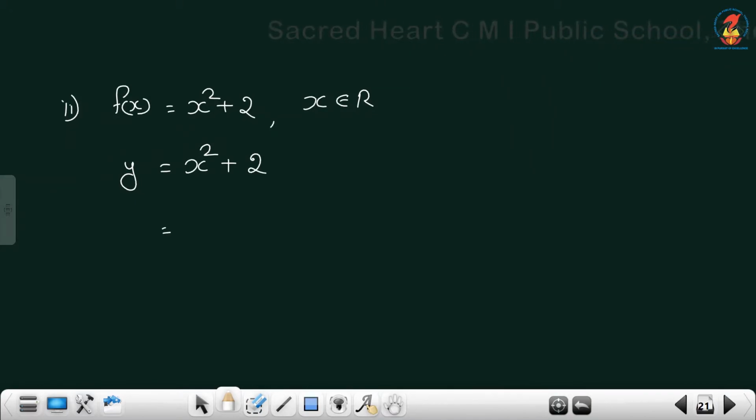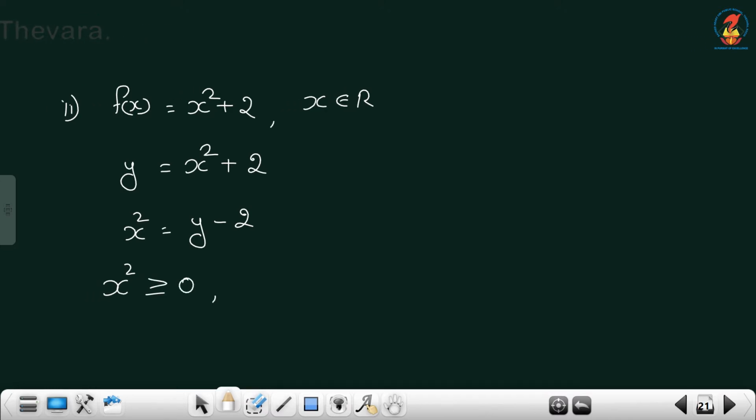Okay, x square is a positive number, always 0 or more than that. So I can write x square is equal to y minus 2, isn't it? And x square is always greater than or equal to 0, isn't it? So this part is greater than or equal to 0, which means y minus 2 is also like that.